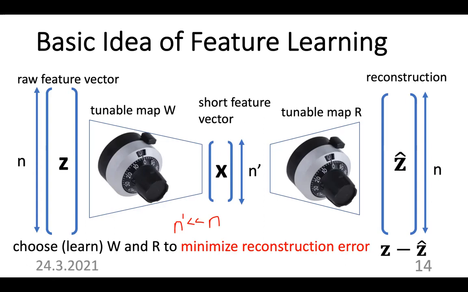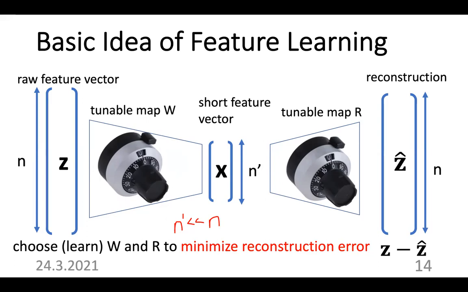Okay, so the next question then is how to make this into an algorithm. This seems a bit vague here. So what could be a tunable map? What could we use here for tunable maps? Did you already hear about classes of maps that are somehow parameterized by a weight vector, for example?